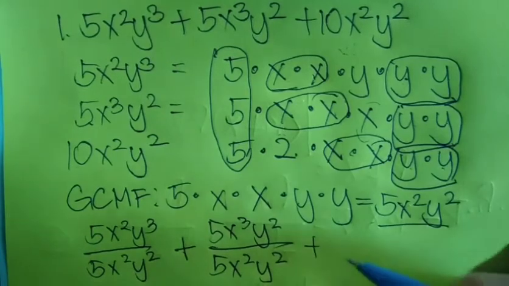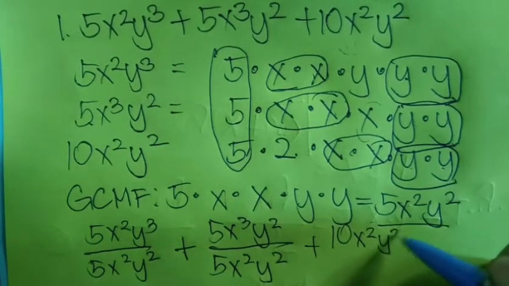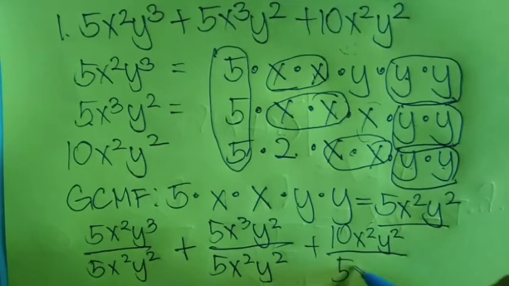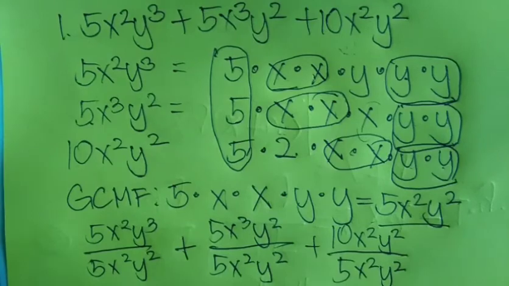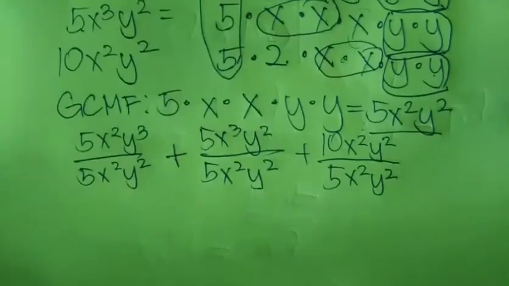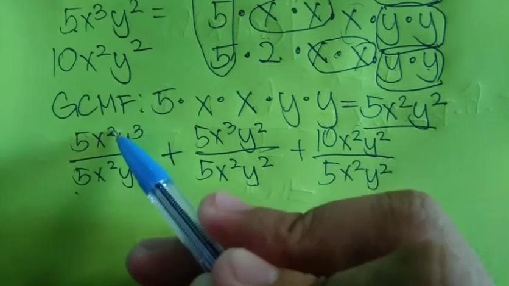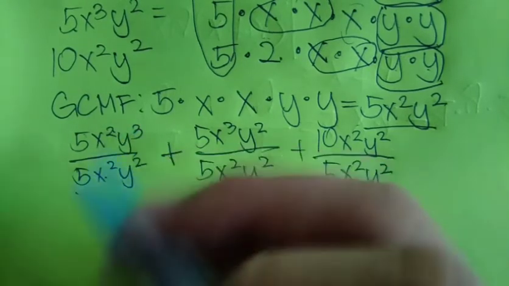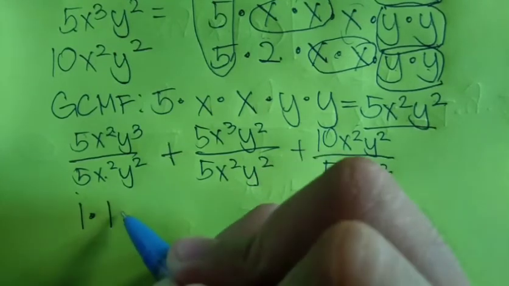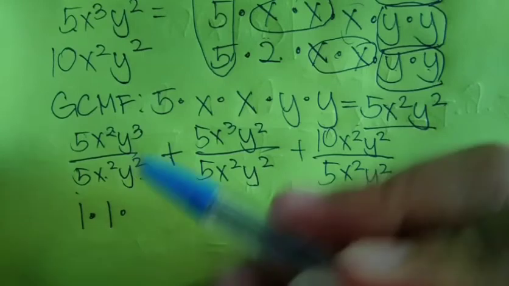Third term, 10x squared y squared divided by 5x squared y squared. Sisimplify lang natin. 5 cancel, pares ika-cancel yung x squared since pares naman sila, leaving 1 times 1 times y cubed divided by y squared is y.